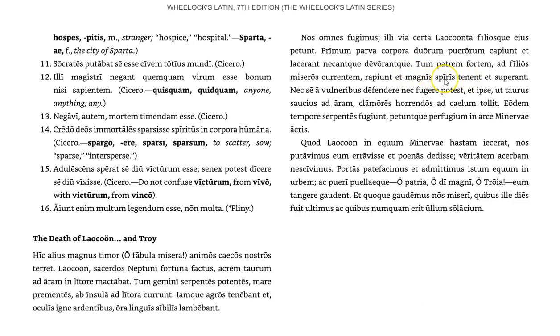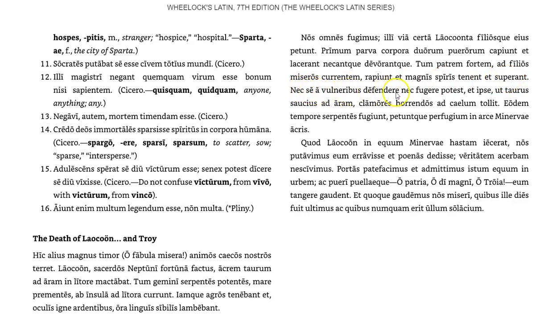So magni spiris, literally in their great coils, I guess. They're kind of wrapping themselves around. So notice the irony here is they're suffocating him, taking the spiritus or spirit out of him in their act of coiling. And conquer him, literally conquer him or overpower him or kill him, but literally overcome him.